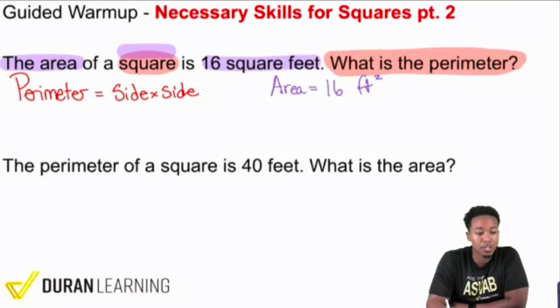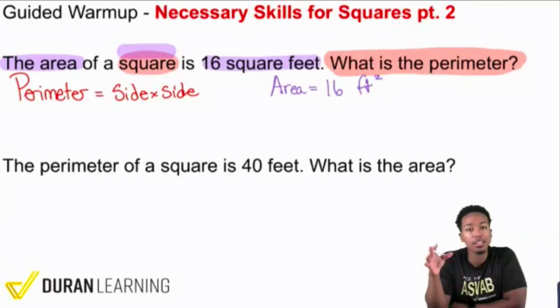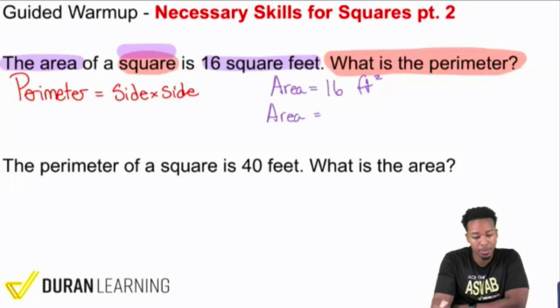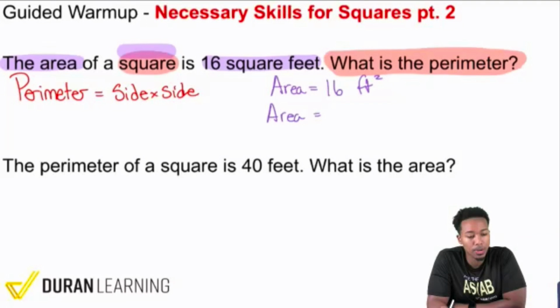Absolutely. And so this is where problem solving really kicks in. It is not about trying to find what you need at a surface level. It's about using the clues that are given to you. So everybody, what's the formula for the area of a square again? Write it down in the chat box. What is the area of a square?